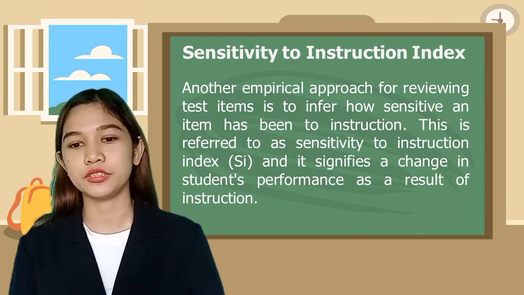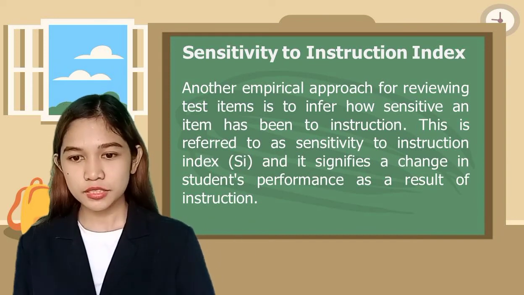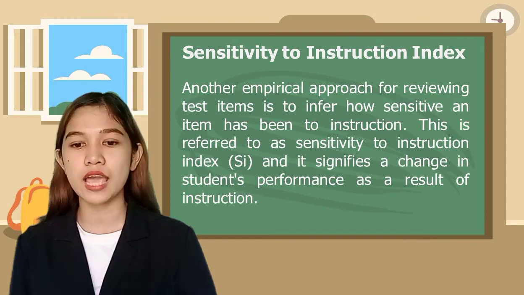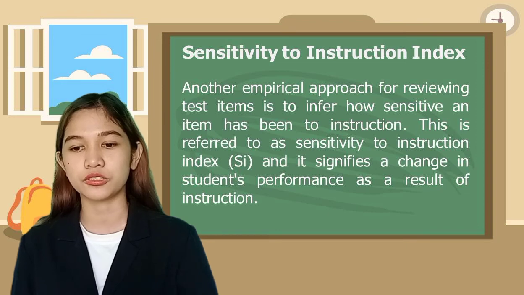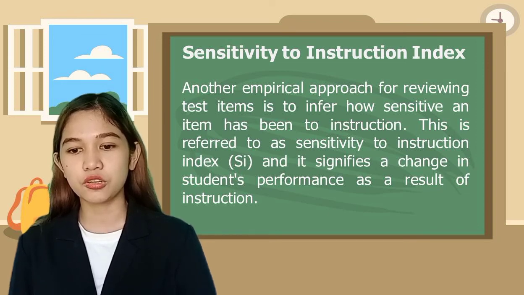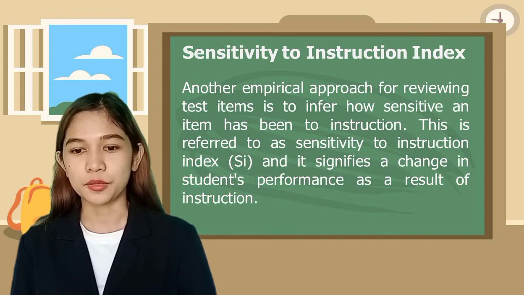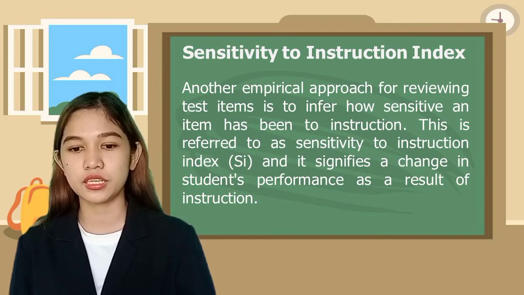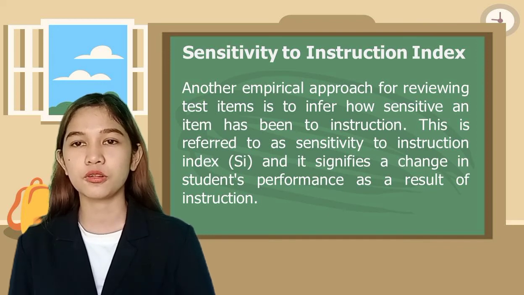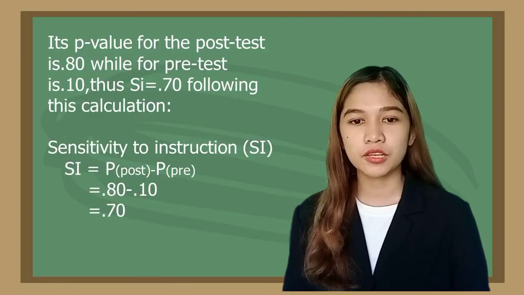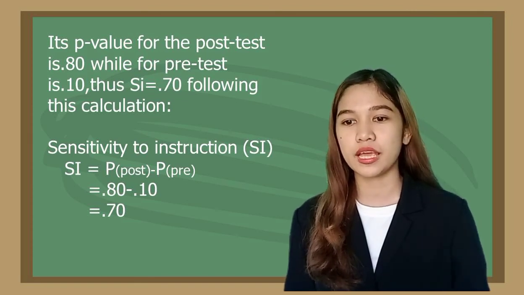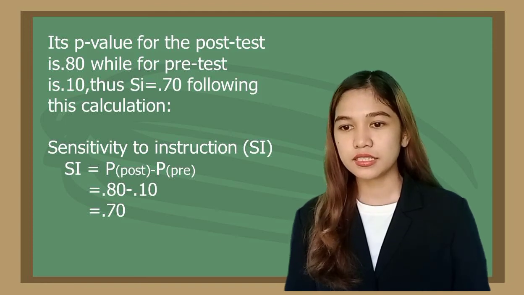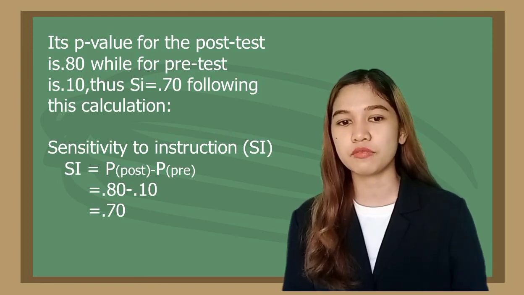Sensitivity to instruction index. Another empirical approach for reviewing test items is to infer how sensitive an item has been to instruction. This is referred to as sensitivity to instruction, or SI, and it signifies a change in students' performance as a result of instruction. Its p-value for the post-test is 0.80, while for the pre-test is 0.10. Thus, sensitivity index is equal to 0.70.